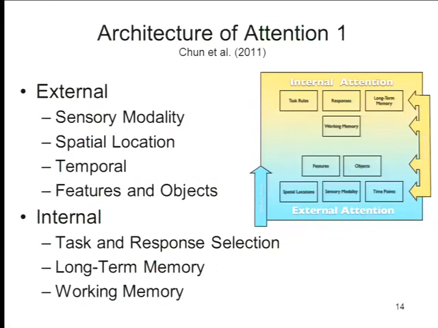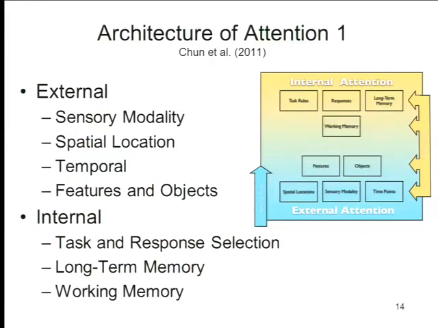Internal attention, like James's intellectual variety, is focused inward, first and foremost on what Chun calls response selection. I see this thing, what am I going to do about it? Am I going to ignore it? Am I going to approach it? Am I going to withdraw from it, or whatever? And also, internal attention allows us to retrieve information from long-term memory.